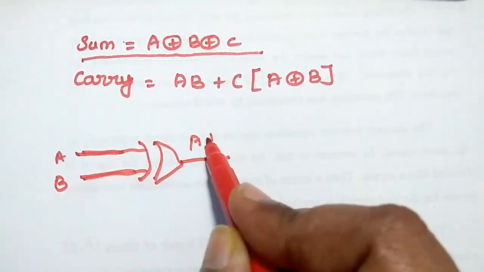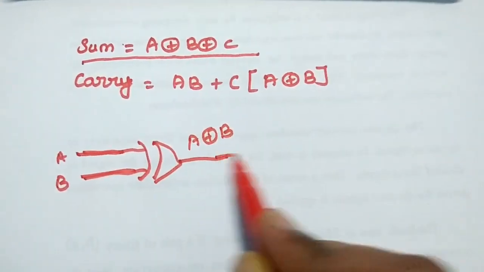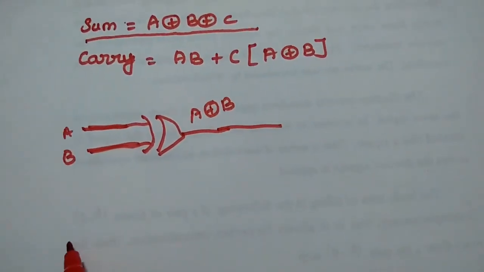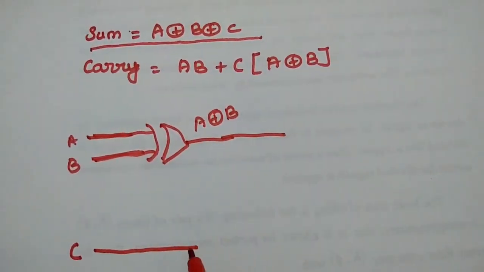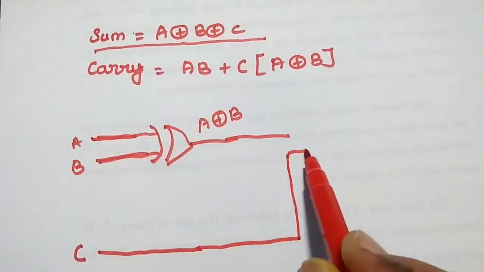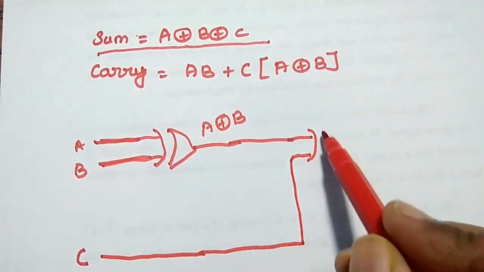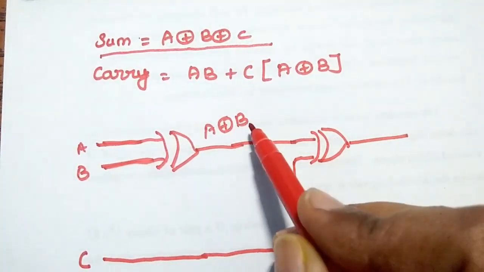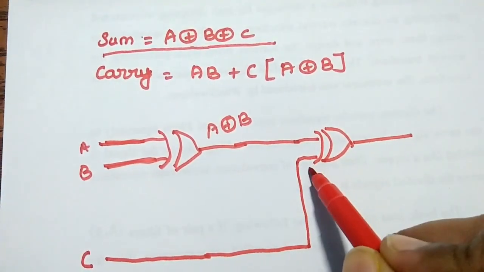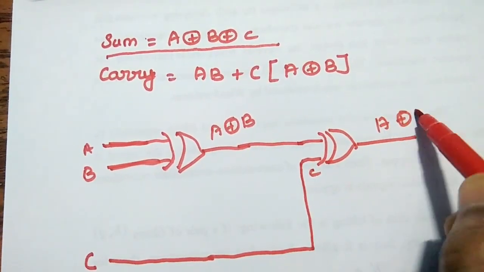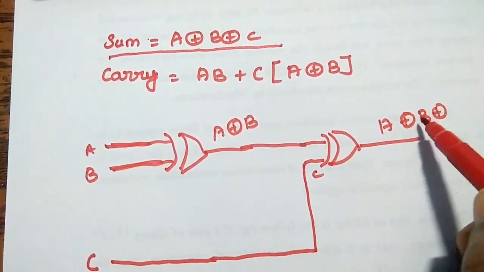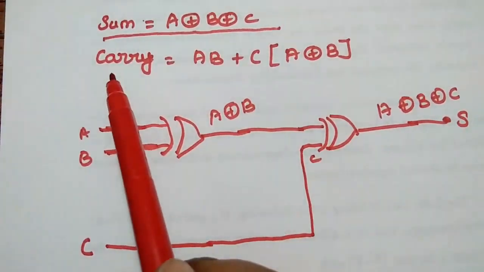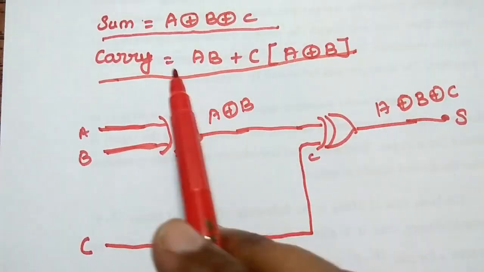From this we obtain A XOR B. But we need A XOR B XOR C, so we need one more input C. We give this C to one more XOR gate. Now one input is A XOR B and the other input is C. So finally we get A XOR B XOR C. It is not plus, it is XOR. This is the sum.